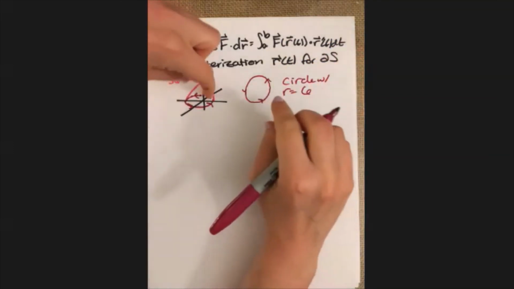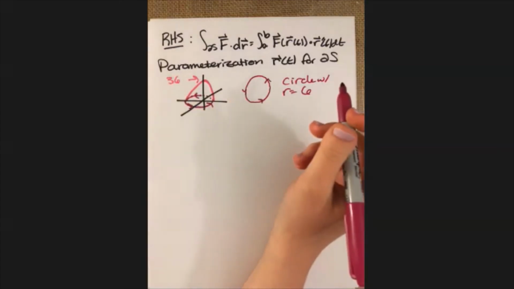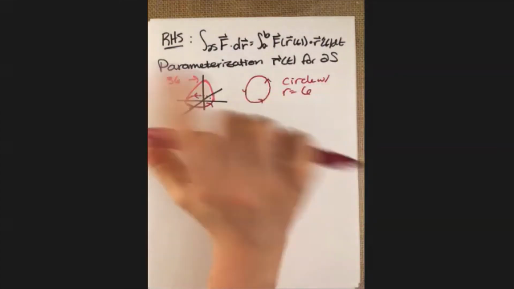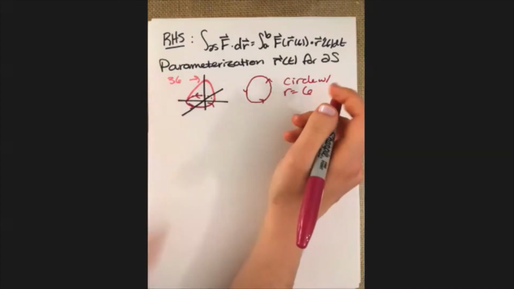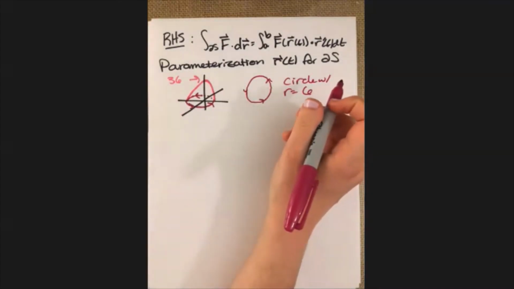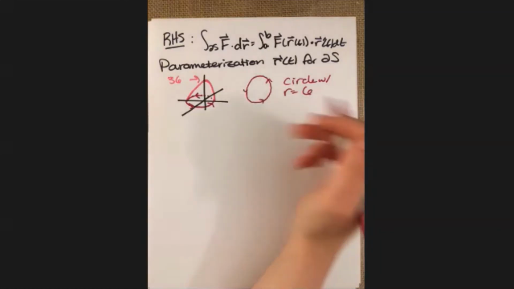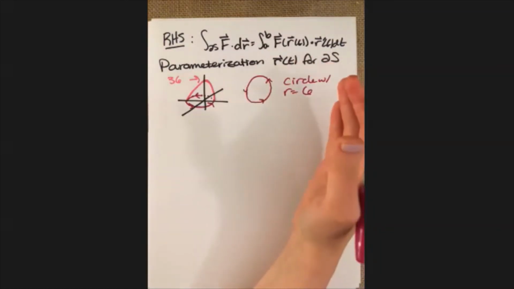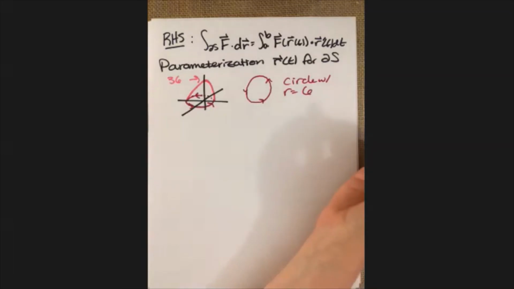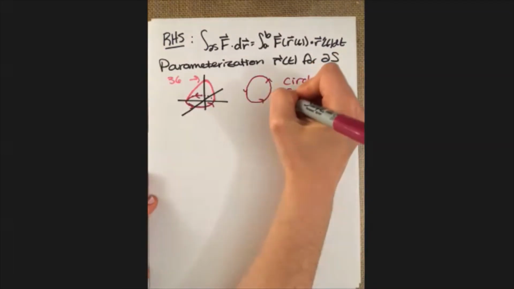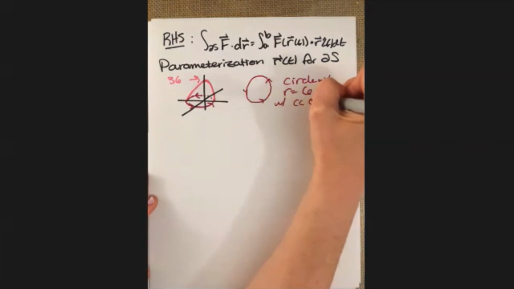Okay, so if you think about this being flipped over, which I think is probably the better way to visualize it, if you flipped it over at the height 36, then your radius would be equal to 6 there, because the height there kind of acts like your radius squared in the equation that you're working with for those. So you get r equal to 6, and we know that it has a counterclockwise orientation.